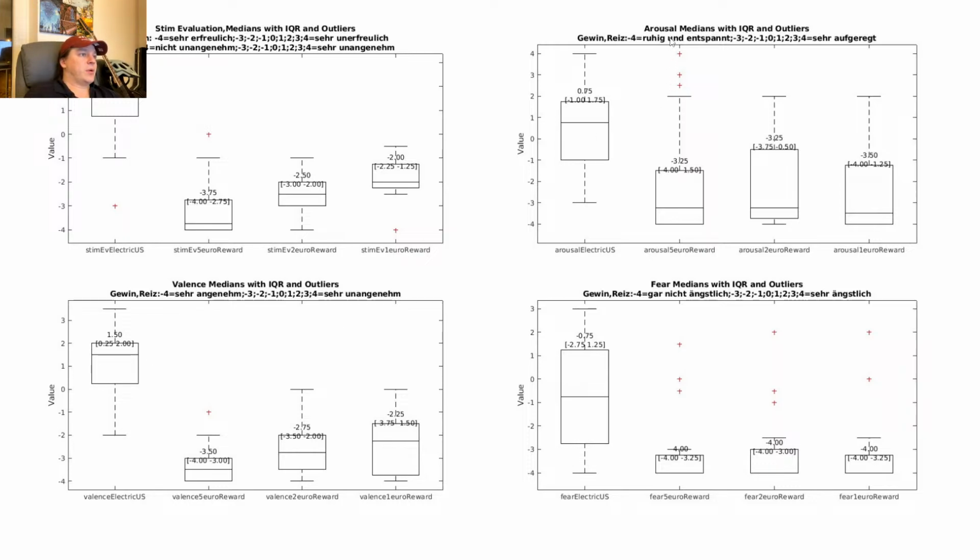When we're asking about arousal, it's not very clear, and for fear it's not so clear because of the question, because nobody fears money. And the level of arousal is actually the main thing that we are measuring, the level of arousal of the sympathetic nervous system, but it's not so easy to find something there.